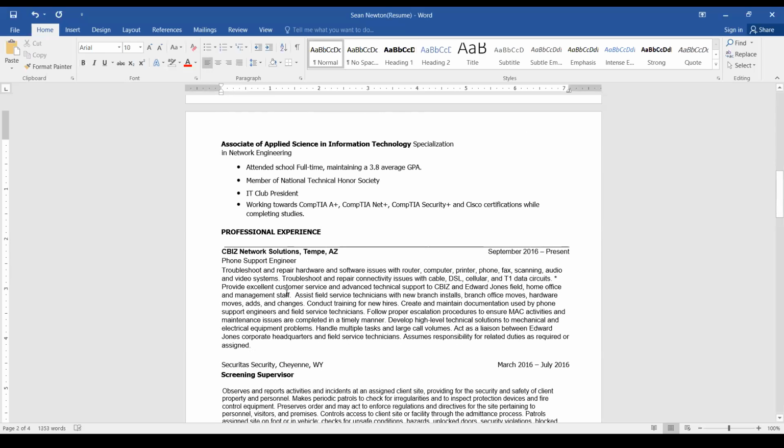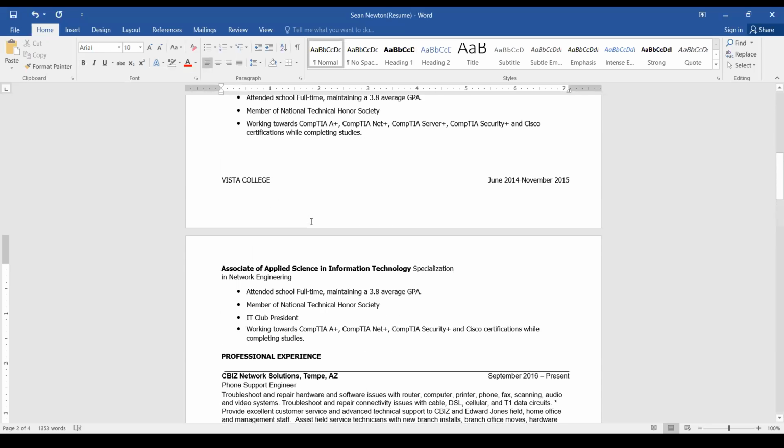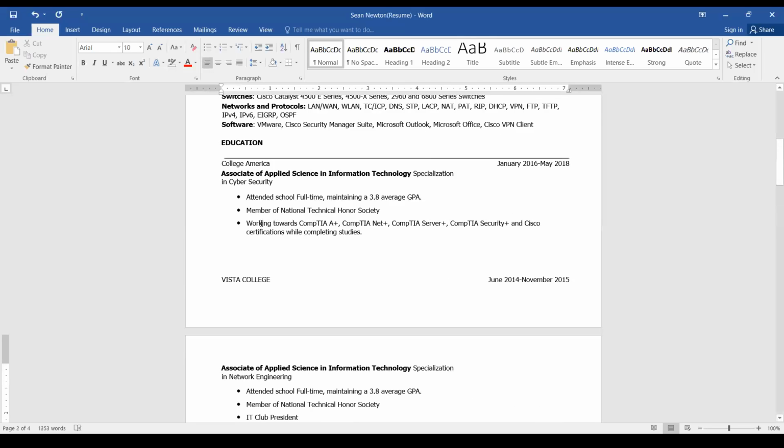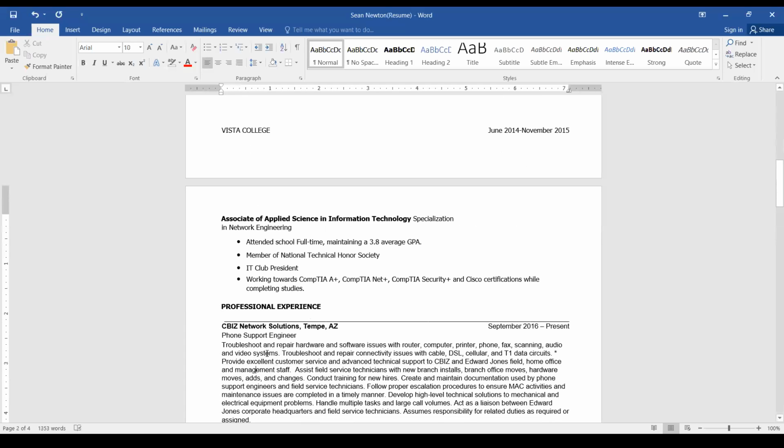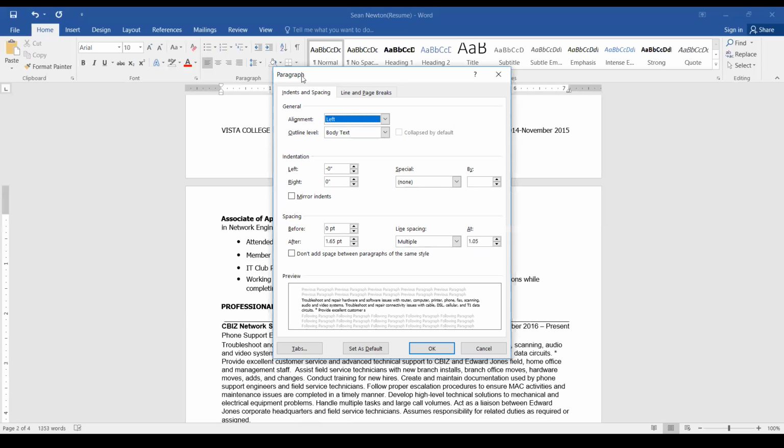Anyway, here we have Arial. Here we had Tahoma. So pick one. Also, the spacing here and the spacing here appear to be different. Let's take a quick look at what the spacing is. 1.65, multiple 1.05. Okay.